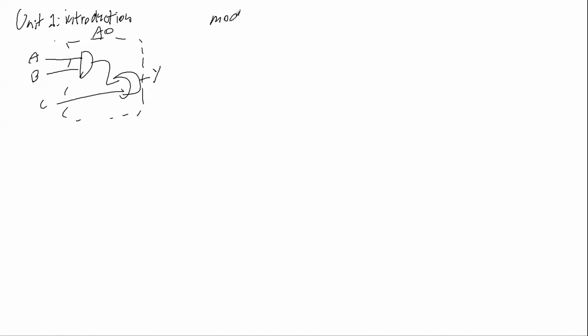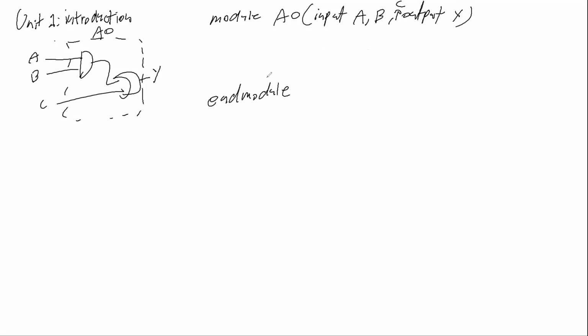So we'll start saying module AO, that's the name of your circuit. And then here we can define the inputs and the output. We can say input A, B, and then output, we're missing one input, A, B, C, output Y. End module, and in between we will define our circuit.